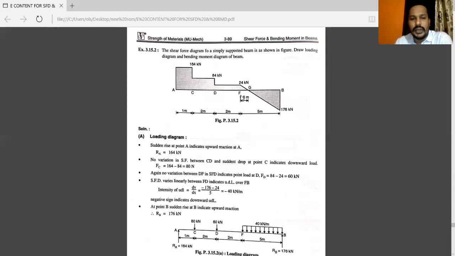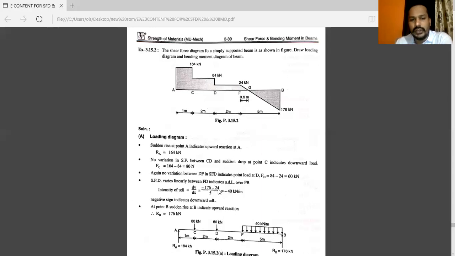Now the next, and that is very important, from F to B the inclined line is given. So from F to B there will be a UDL, that is uniformly distributed load. How can we calculate the intensity of the UDL? It is dV by dx. This one is minus 176, and here you can see 24.